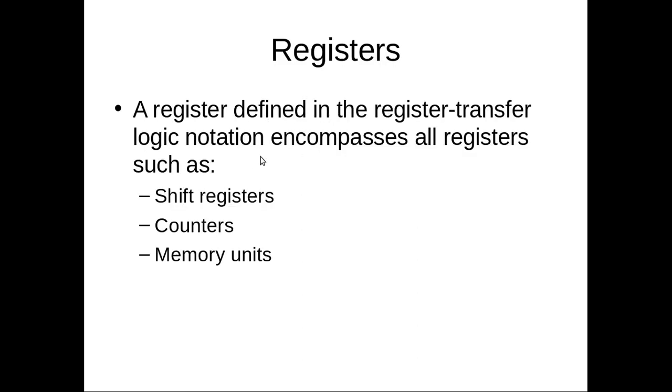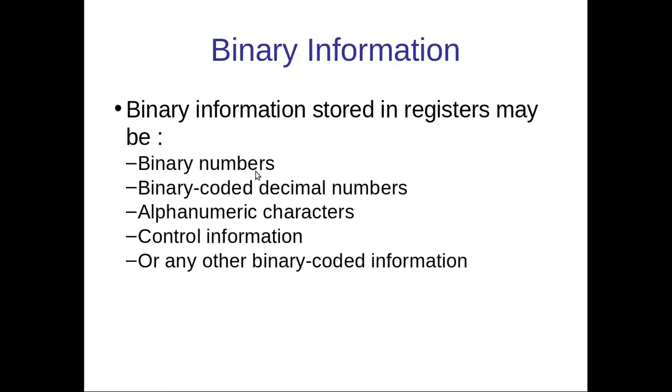The register, as defined in register transfer logic notation, encompasses all registers such as shift registers, counters, memory units, etc. This is not simply a register; it is a general term for all these things. Another component is binary information. Binary information stored in registers may be a binary number, binary coded decimal number, alphanumeric character, control information, or any other binary coded information.